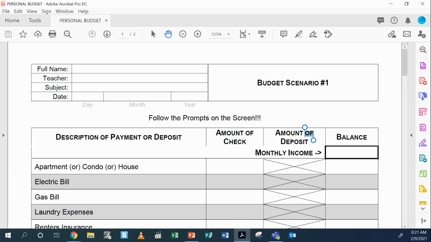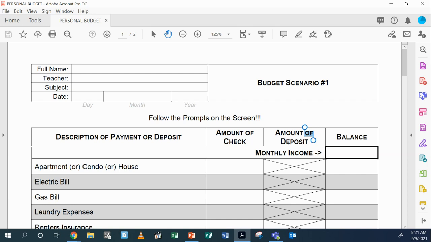Depending on what number you choose, you might have money coming into your account, money going out of your account. Speaking of that, as we're looking at this, does anybody know what the difference is between amount of check and amount of deposit? Does anybody have a checkbook in here? Anybody have a savings register, like a list that keeps track of everything for you? Nobody? All right, so amount of deposit is money going into the account.